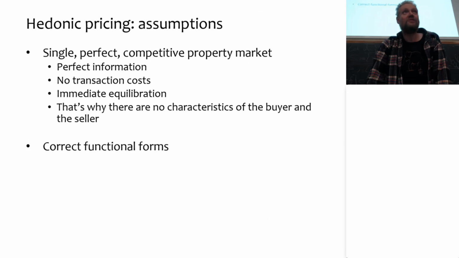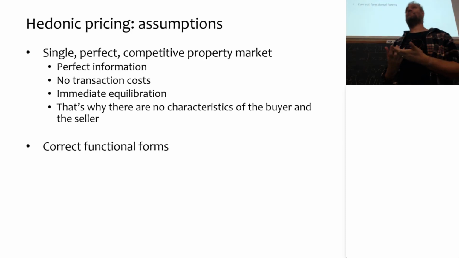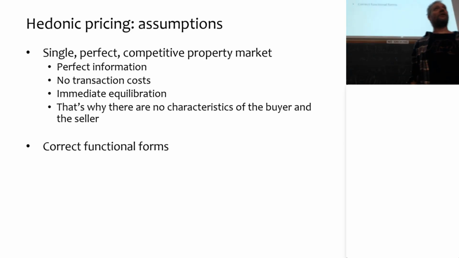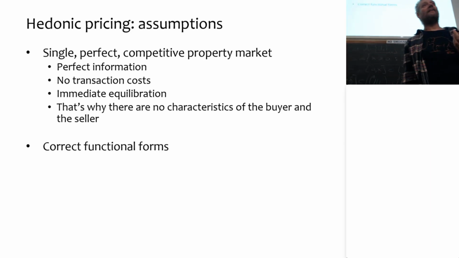There's a number of assumptions that go in here, right? You assume that your buyers know what they're buying. And if you guys know about renting houses, right? You go and inspect them, and you look at the bathroom and so on and so forth. That is sort of the information that you have, but typically you don't know much about the quality of the air in the apartment that you rent, or in the room that you rent.